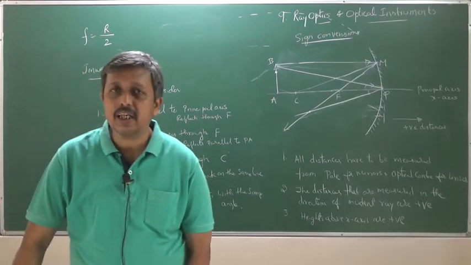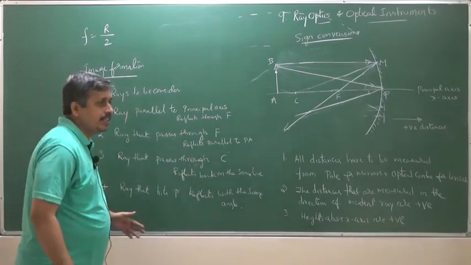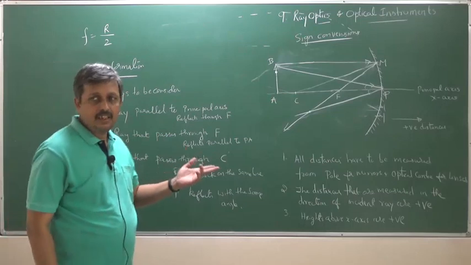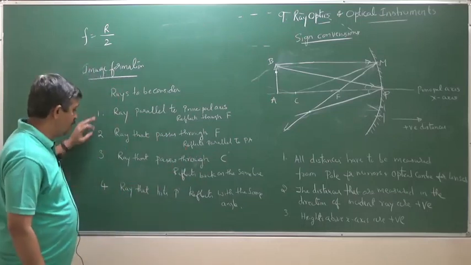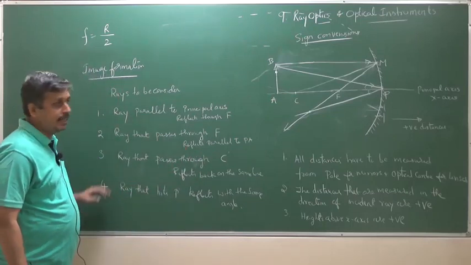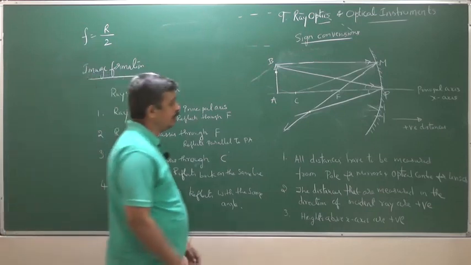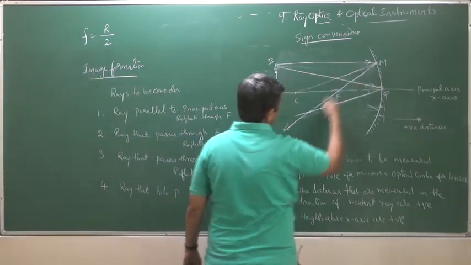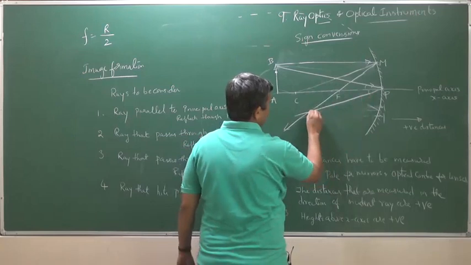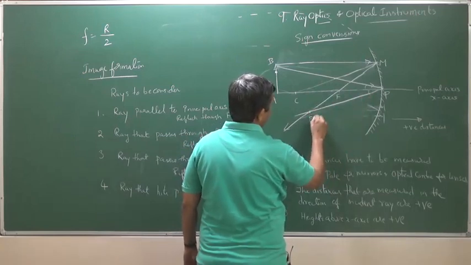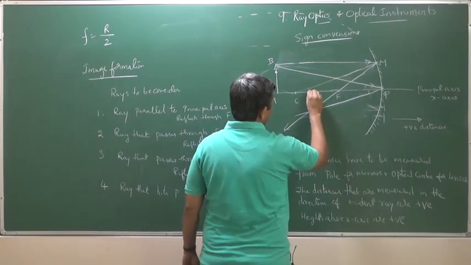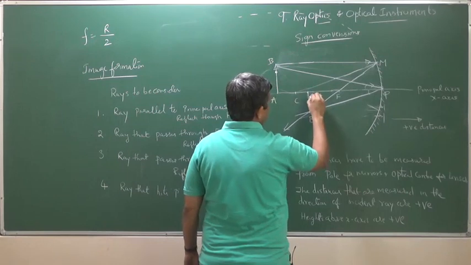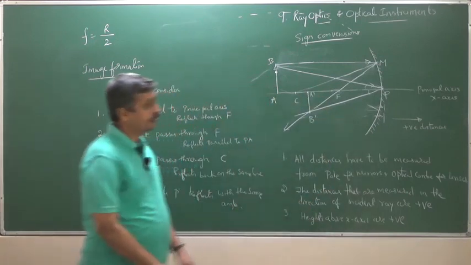In any of these 4 rays, we can take it and form the image. In this case, I have taken ray number 1 and ray number 4. This is the one going like this, ray number 4. Those two are joining here. I will call this point B dash and this point A dash, like this.